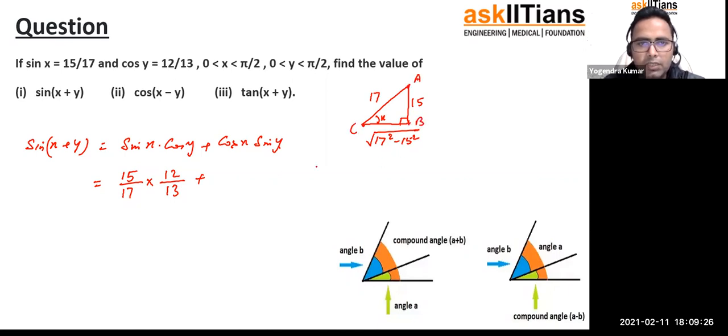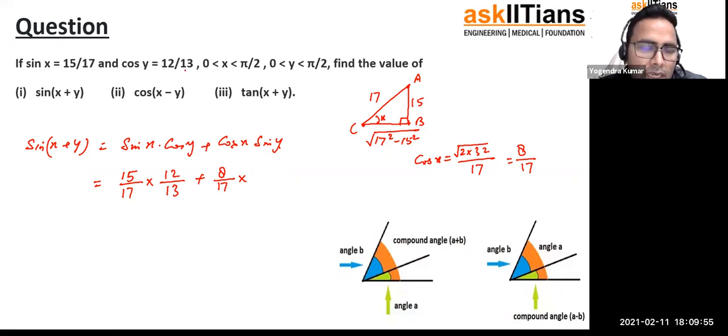So we can say cos of x is going to be 8 divided by 17. So 8 divided by 17 into sine of y. Cos of y we have as 12 divided by 13. If you make the triangle again, we are going to get sine of y as 5 divided by 13, right?